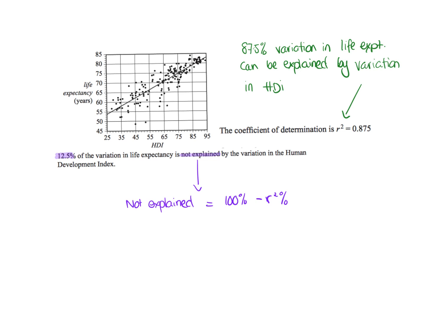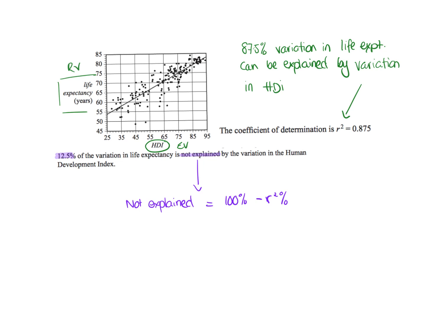All right, with this one, I just want to talk about, if we had this scatter plot and life expectancy was our response and HDI was our EV. We found out that the R squared was 0.875. So we knew that 87.5% of the variation in life expectancy can be explained by the Human Development Index, HDI.